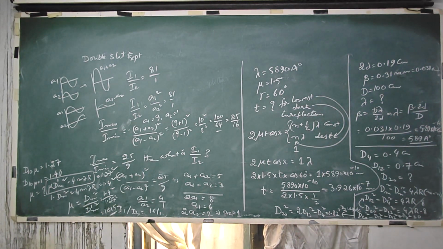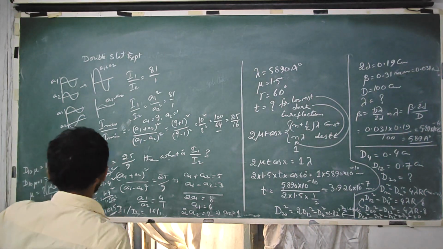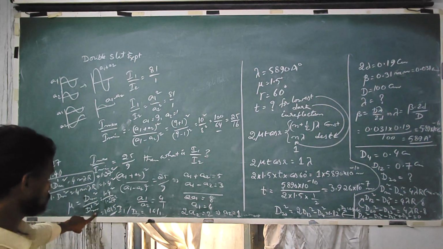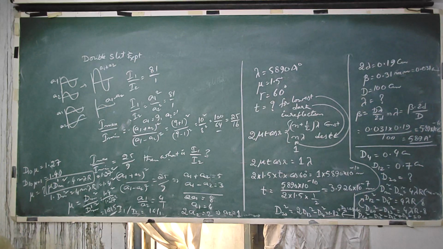So mu is equal to diameter of the ring in air by diameter of the ring in liquid, square of the diameter, Dm square by Dm prime square.